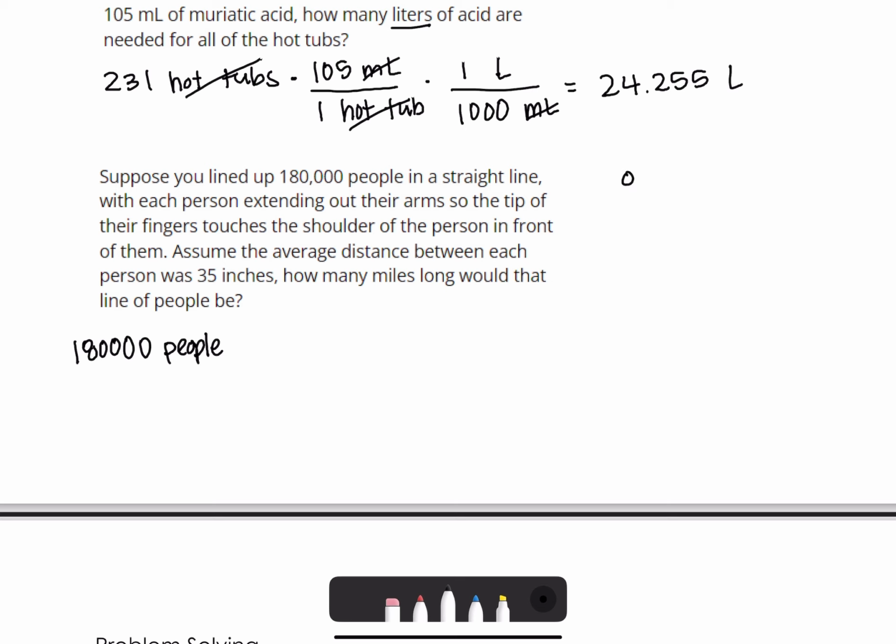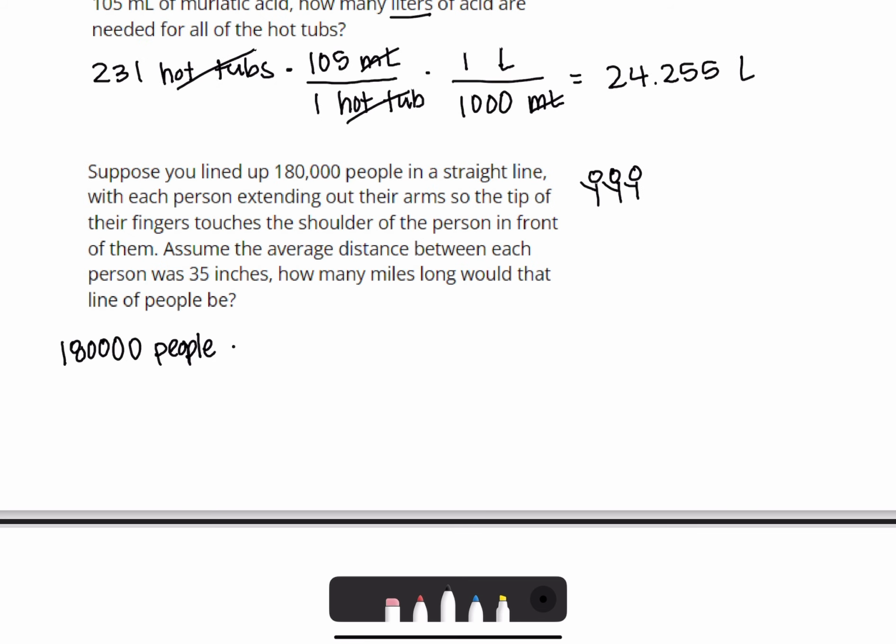So they're standing like this with their arms out, touching the shoulders of the person in front of them. So the distance between the people is 35 inches. So we're going to say 35 inches per person. And we want to know how many miles that would be.